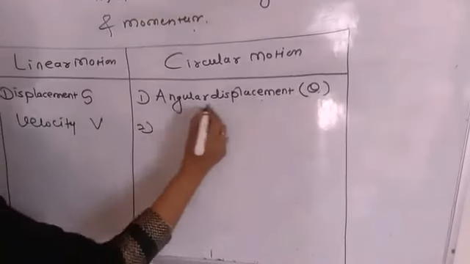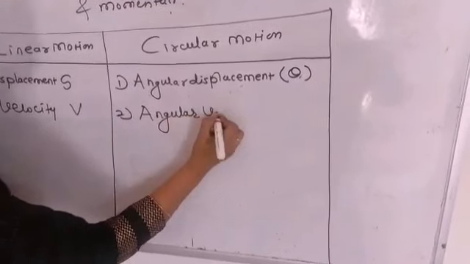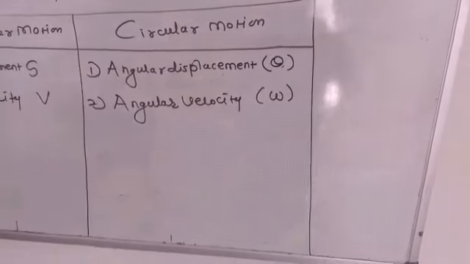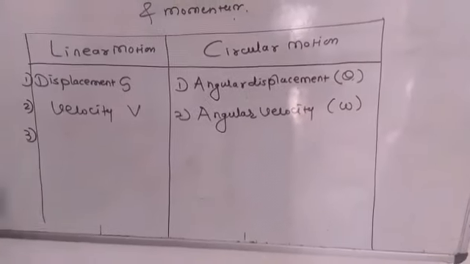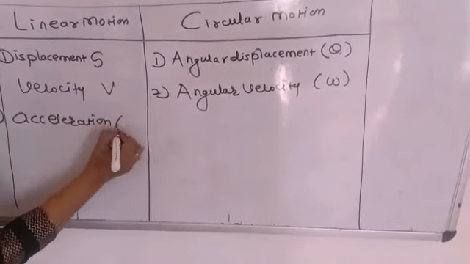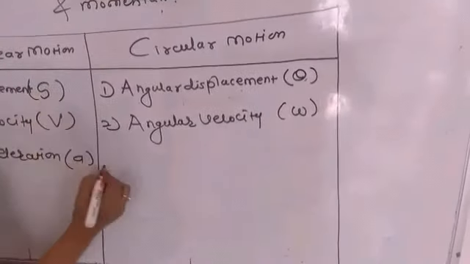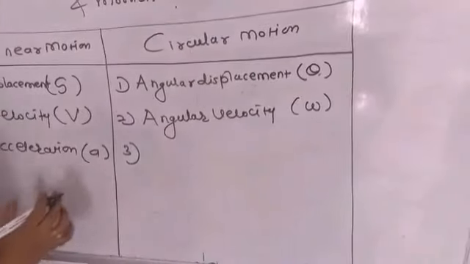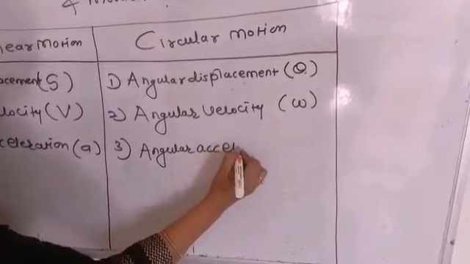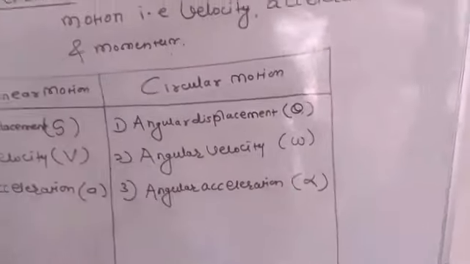Second quantity in circular motion, this is the angular velocity, which is represented by omega. And third quantity is acceleration, which is represented by small a. Here in circular motion, this is angular acceleration, and this angular acceleration is represented by alpha.